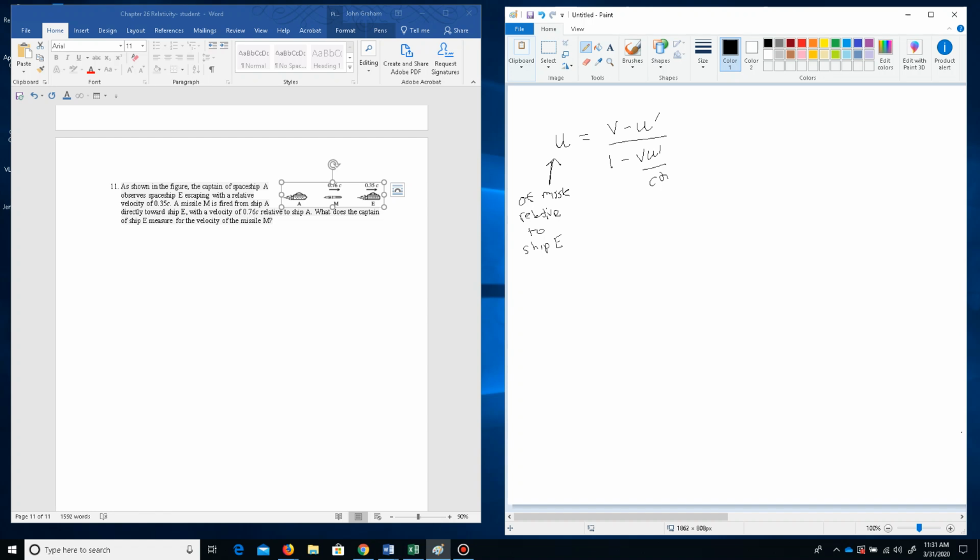The best thing here, v and u could be either one to a point, but it's probably best to make v the higher number so we don't have to deal with the negative sign.